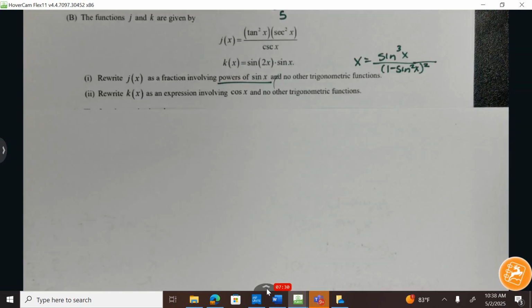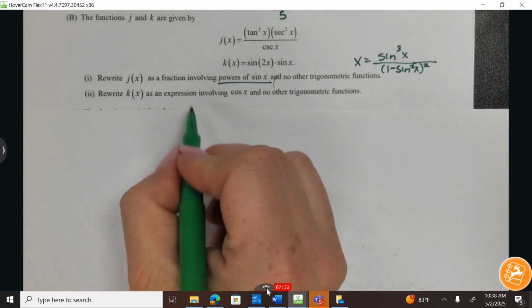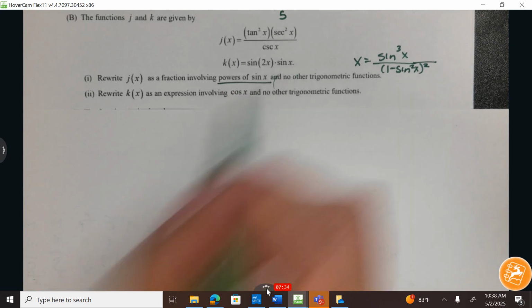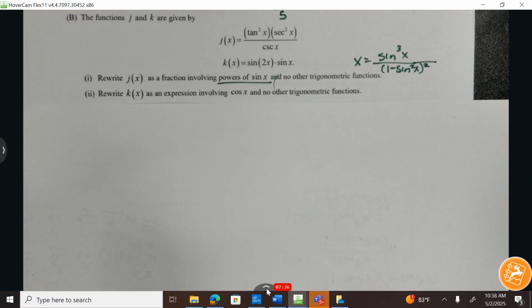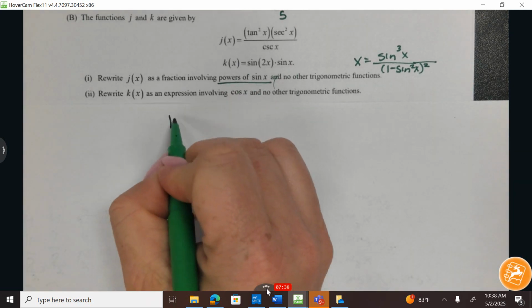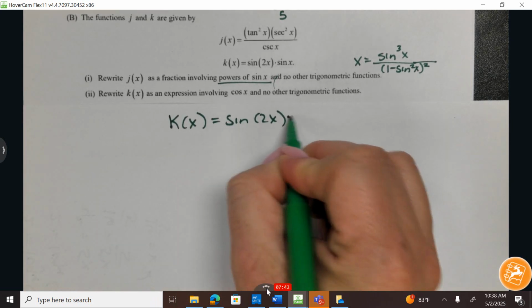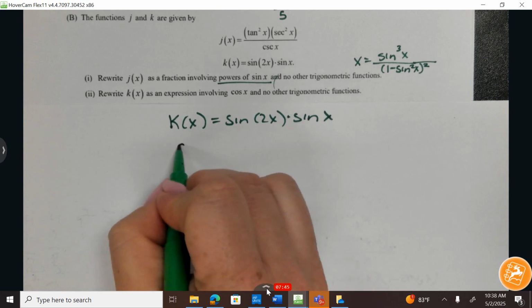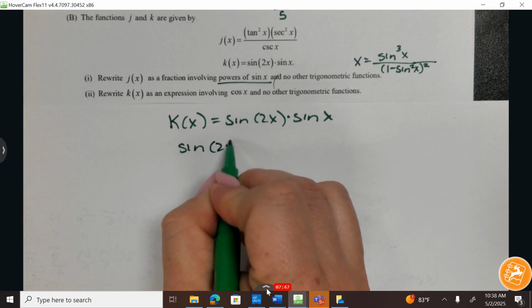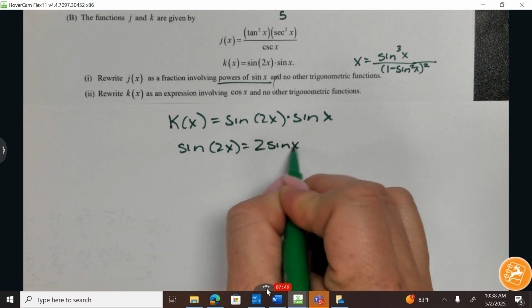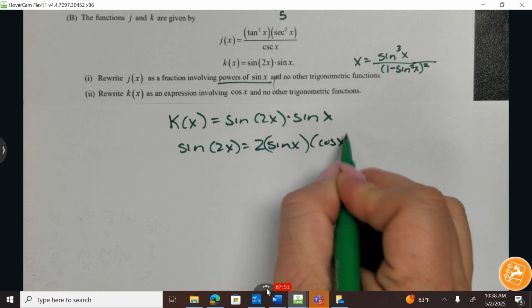Let's look at the second part of B. We're going to go up to k of x, and we want to rewrite this involving only a cosine of x in the expression. So I have this, and I recognize that the sine of 2x is equivalent to 2 sine of x times the cosine of x.